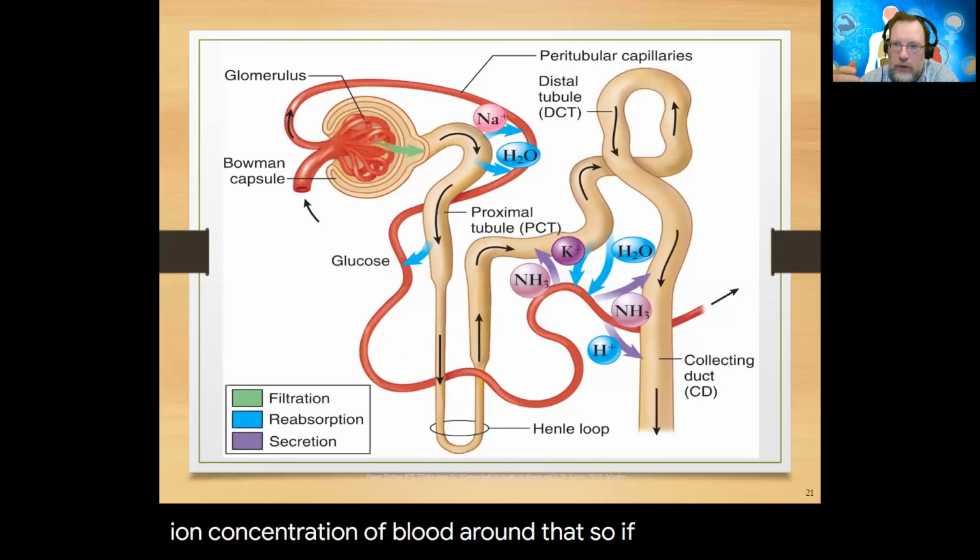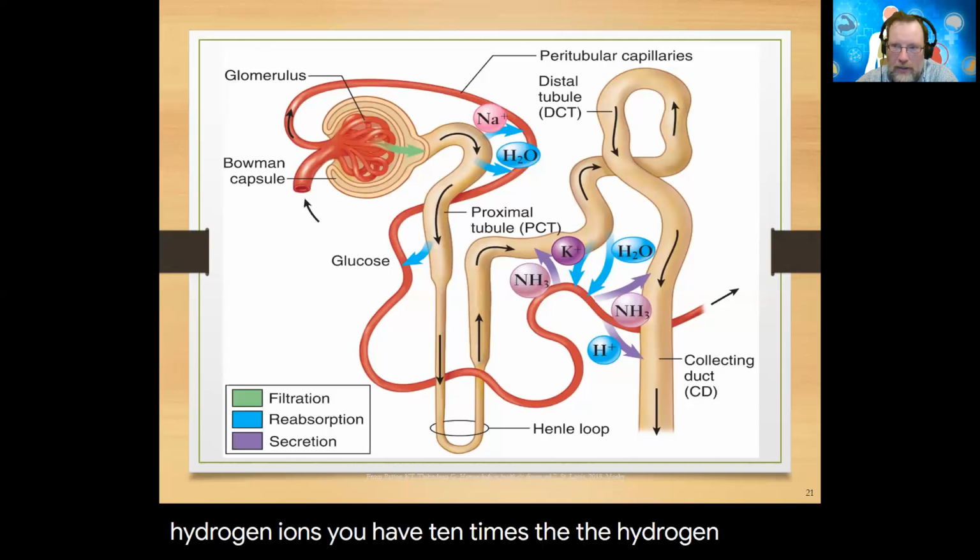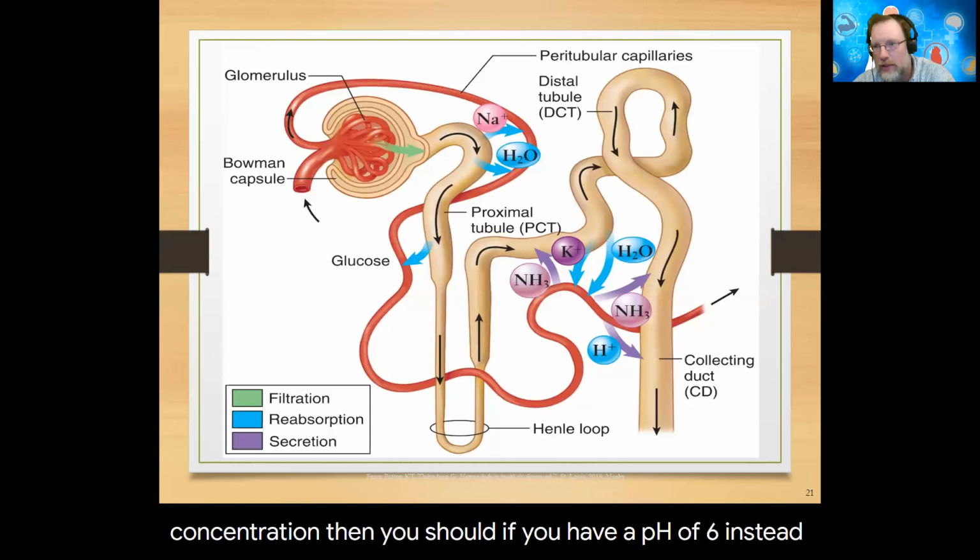So if the pH of blood is 6, then that means you have 10 to the negative 6th, or 1 power of 10 more hydrogen ion. You have 10 times the hydrogen ion concentration than you should if you have a pH of 6 instead of a pH of 7.